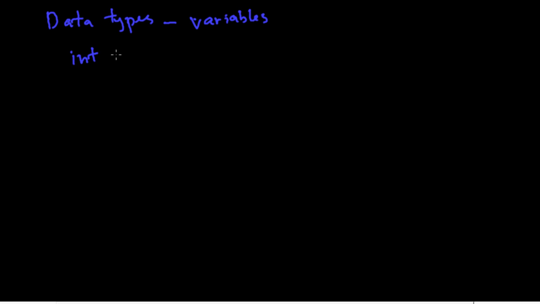Now, what happens if I write int x in the program? It actually means I'm creating a box somewhere inside the memory. The name of the variable is x, and what it can store in here is integer. It can only store integer, hence the name int.